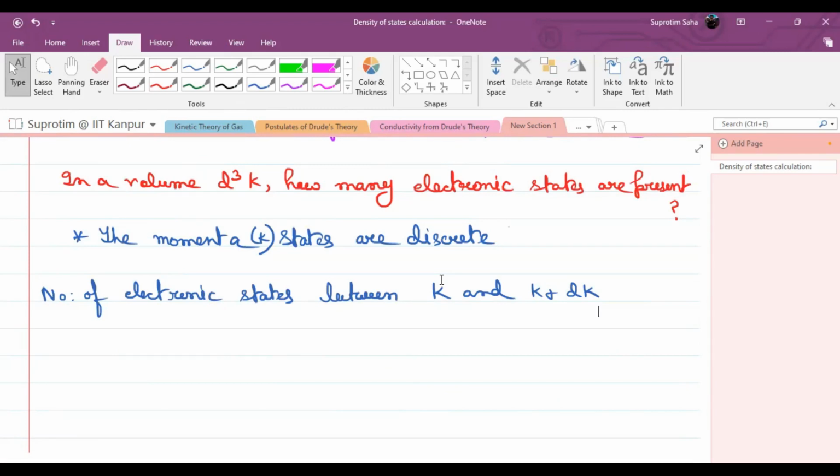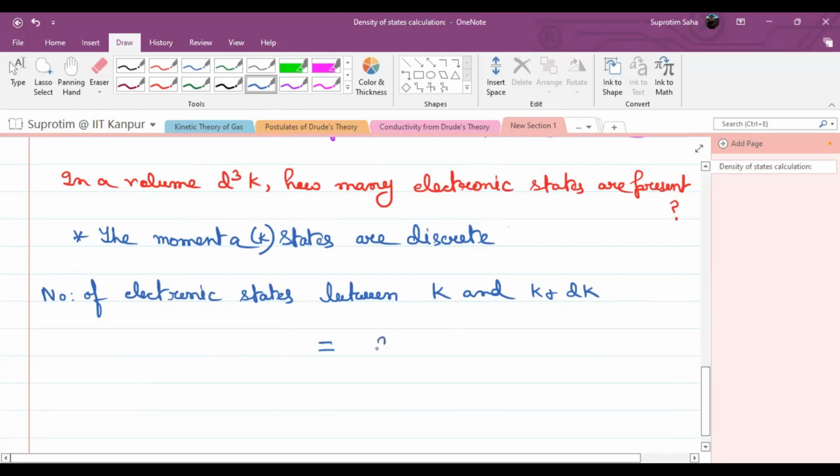I've already calculated the volume d cubed k, which is 4 pi k squared dk. We also have to remember that there will be 2 electrons in one momenta state because of up and down spins.